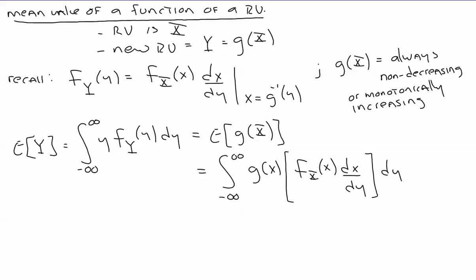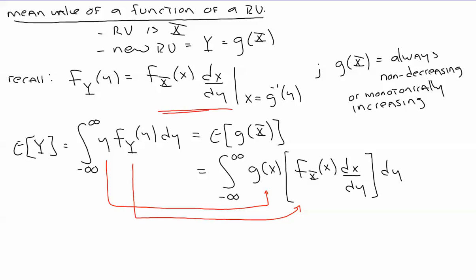All right, so let's look at what I've done. Y equals g of x. My probability density function for y equals that relationship that I get from up here. And I have to preserve my dy here. But then these dy's cancel out. All right?